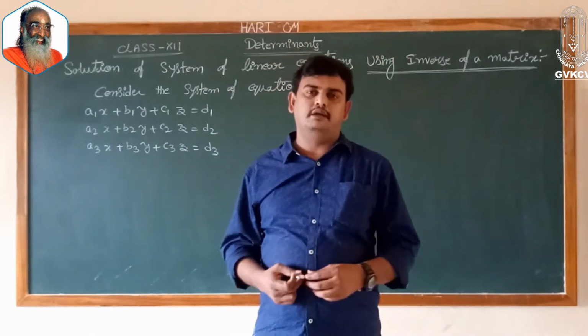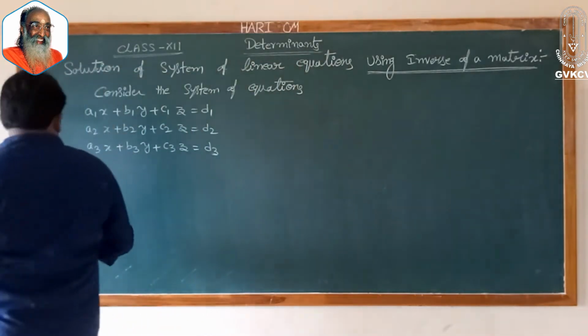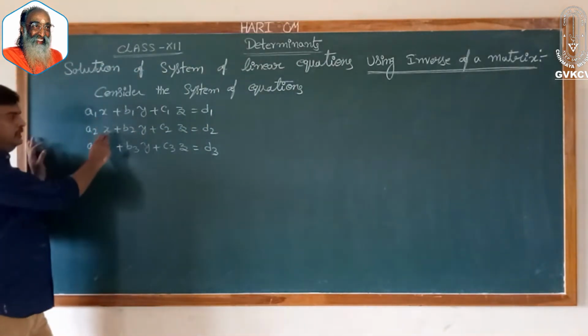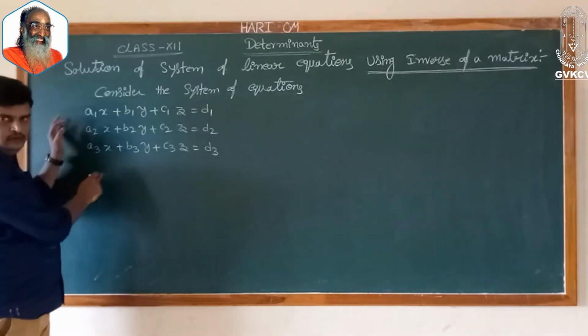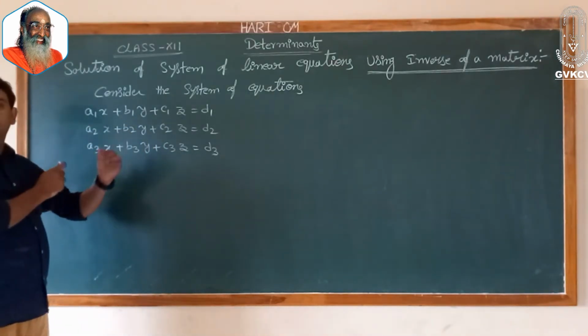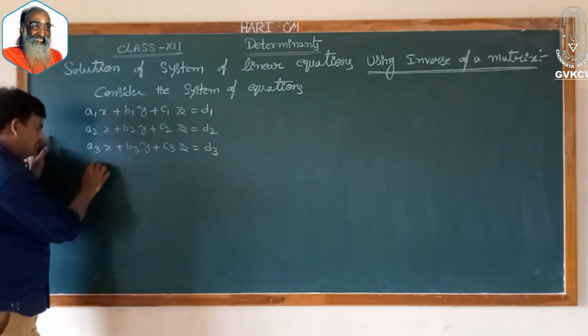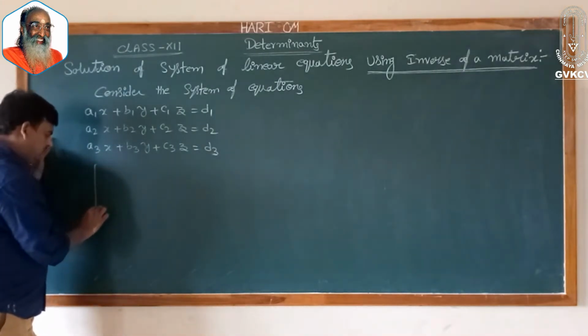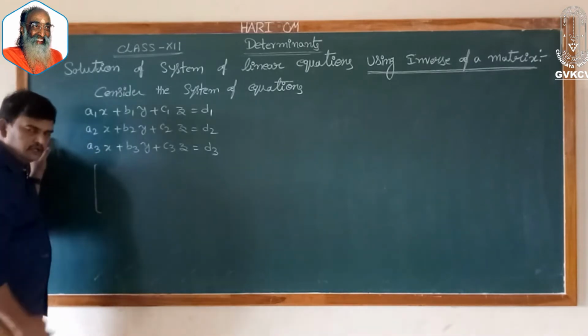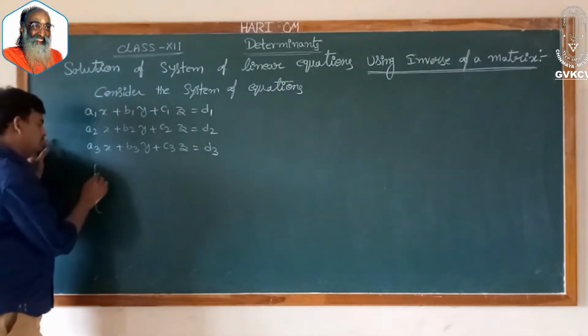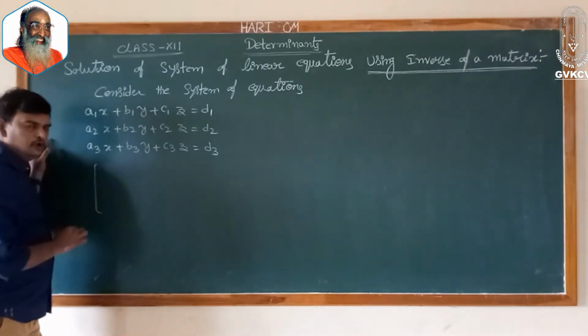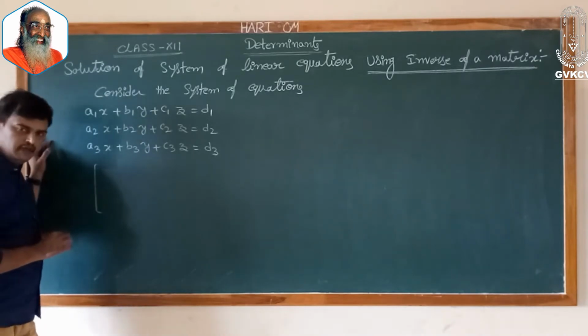How to convert it? Let me explain. Now, what are the linear equations you have? Let us try to convert them into matrix form. The given equations I am able to convert into a matrix equation by considering only the coefficients of the variables.